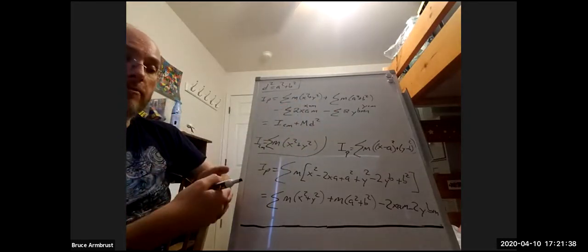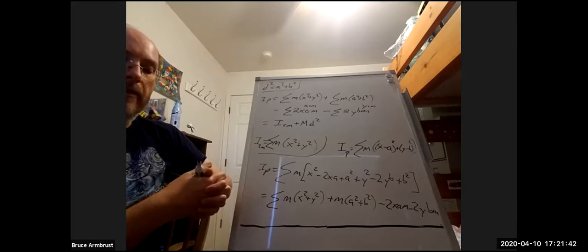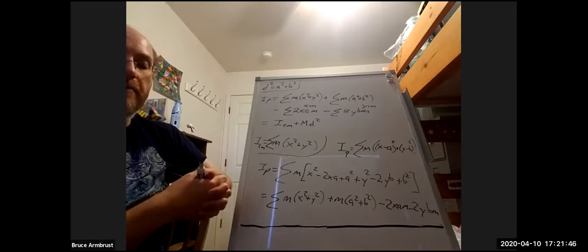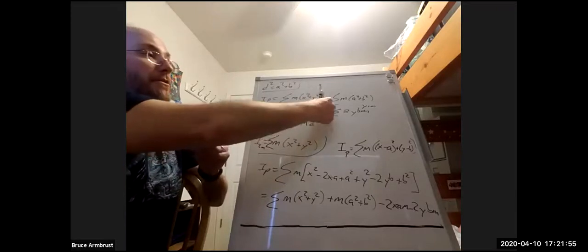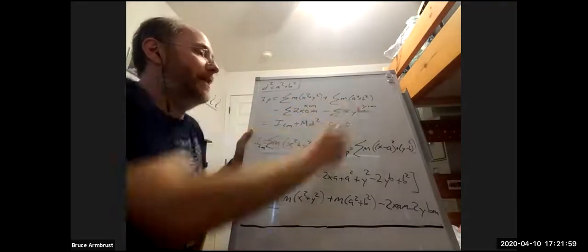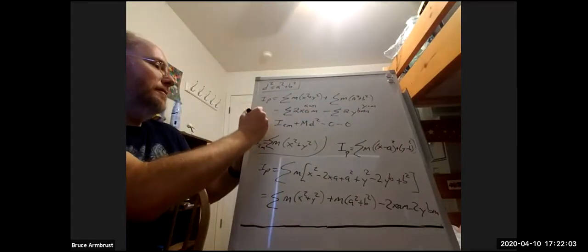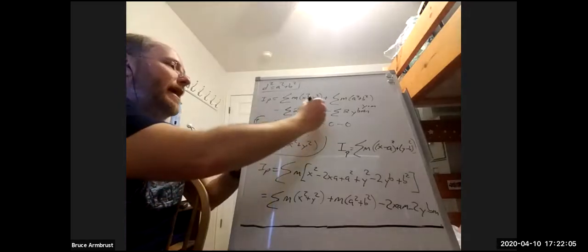If you do that, that's how you get the coordinates of the center of mass. Well, what were the coordinates of the center of mass, the way I had it drawn? The origin. So that makes both of those 0. So we get minus 0, minus 0, which brings us to the parallel axis theorem.